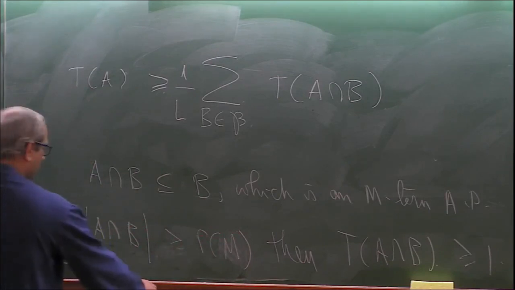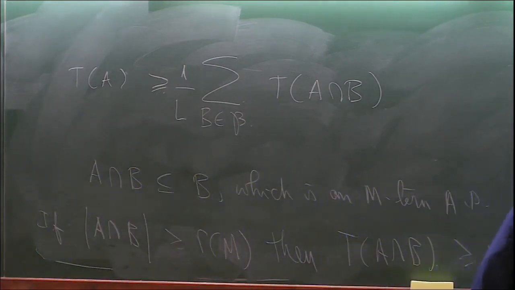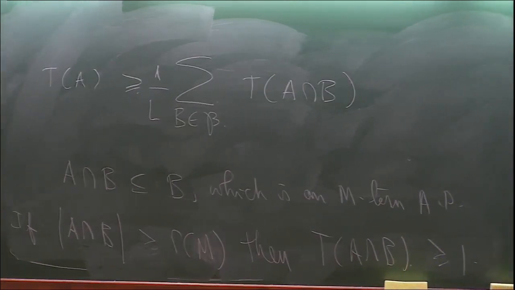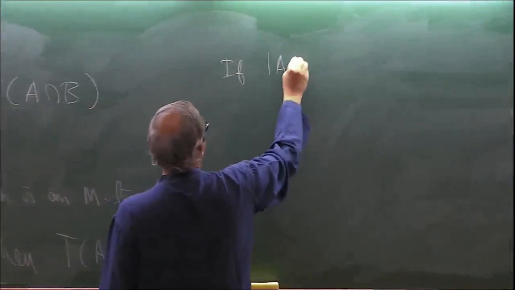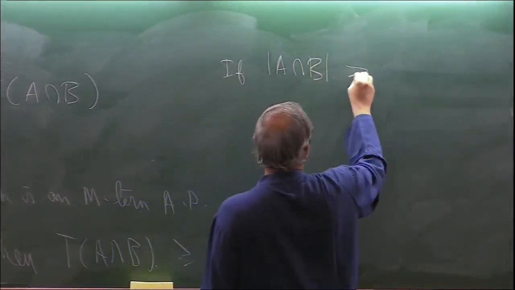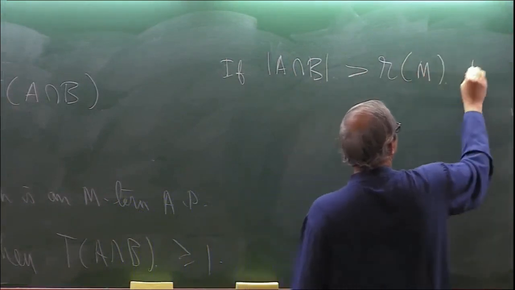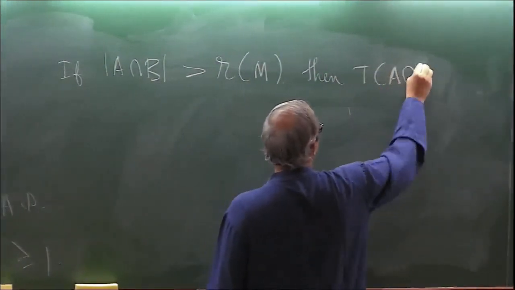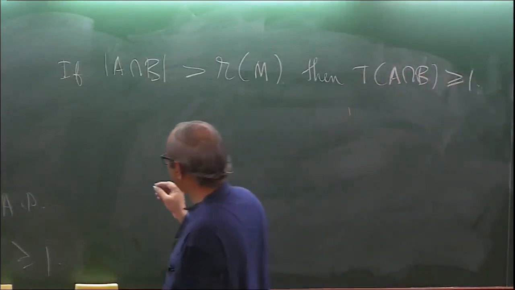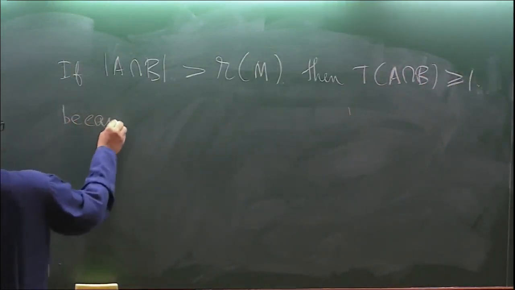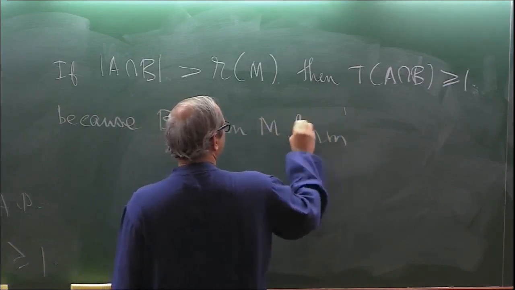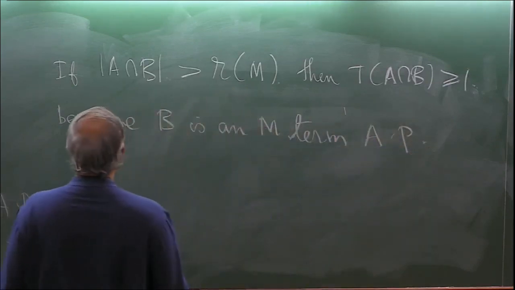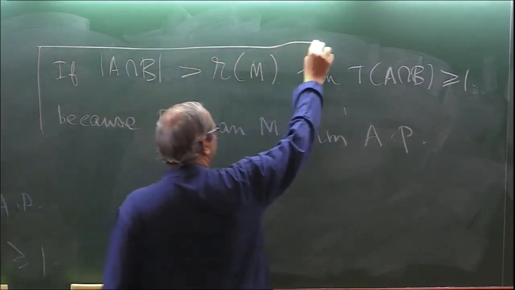So you would want to keep this in mind, that if, yes, to apply this thing, so you notice that if I am just rewriting this thing, if the cardinality of A is greater than R of M, then T of A intersection B is greater than or equal to 1, because B is an M-term AP. Okay, so you use this fact.